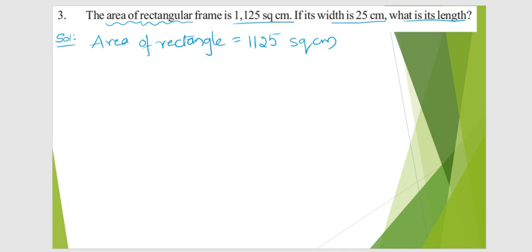He has given the width of the rectangular frame. What is meant by width? Width is nothing but breadth. So breadth of the frame, generally denoted by B, is 25 centimeters.